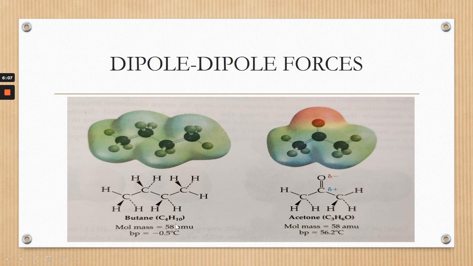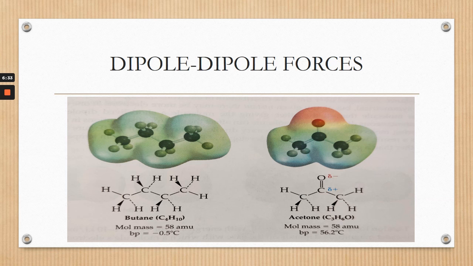For example, as you can see here, butane, C4H10, is a non-polar molecule. The molar mass is 58 grams per mole, and the boiling point is minus 0.5 degrees Celsius. Here, this is acetone.